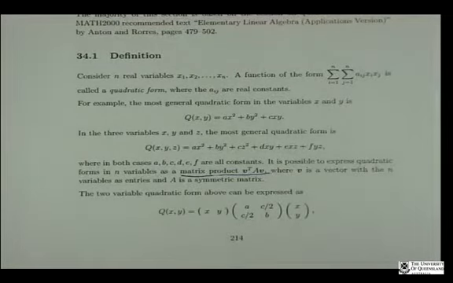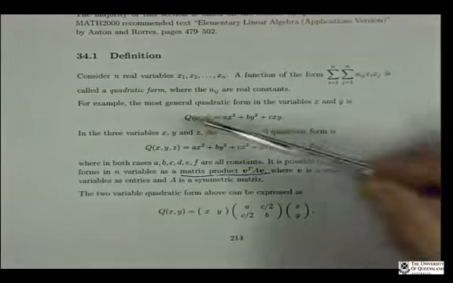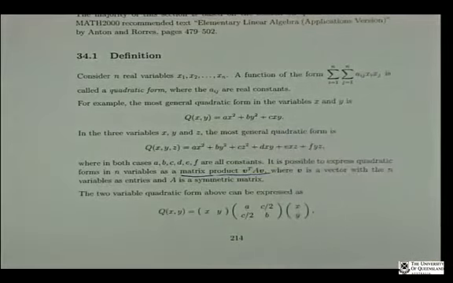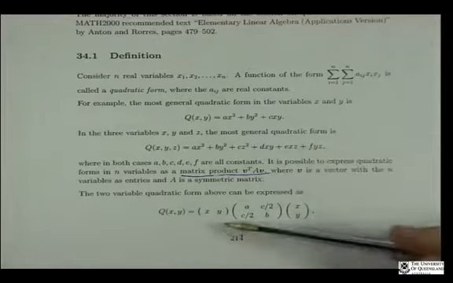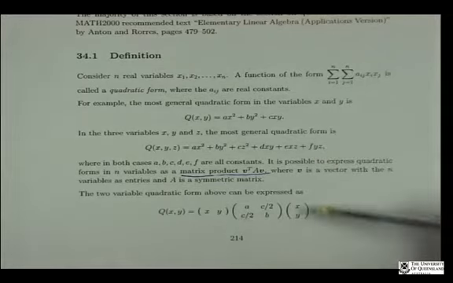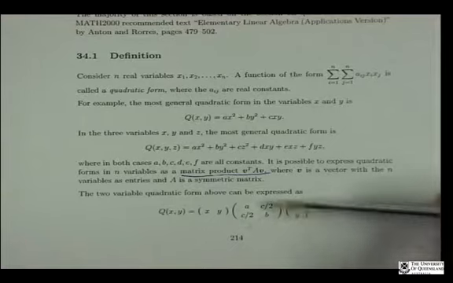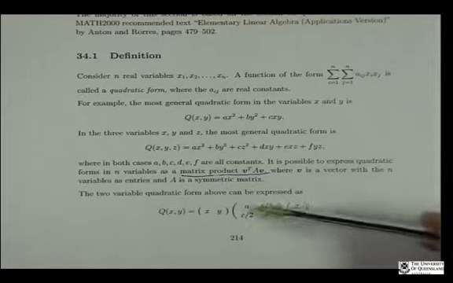Right? So for example, this quadratic form in 2 variables that I've written here with 3 terms, I can write as this matrix product, with a 2 by 2 matrix here. This vector V is the vector of the variables, with entries x and y. Now this matrix, I've chosen the numbers so that it's a symmetric matrix.